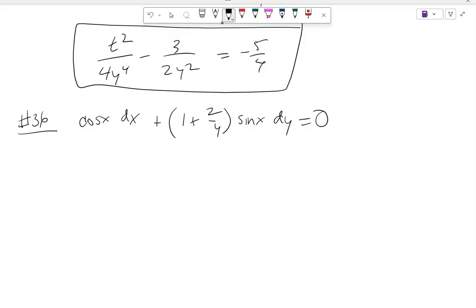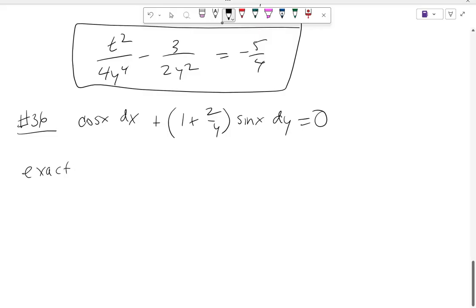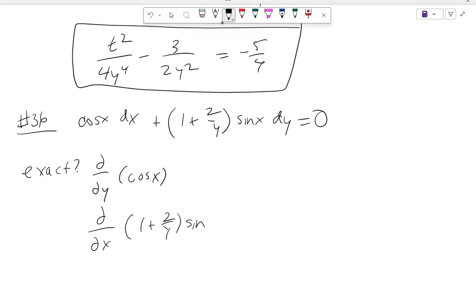All right. So if we were to check whether or not it's exact, we want to take our partial with respect to y of cosine x and our partial with respect to x of 1 plus 2 over y sine x. Right? Those are the 2 pieces we would need to do.